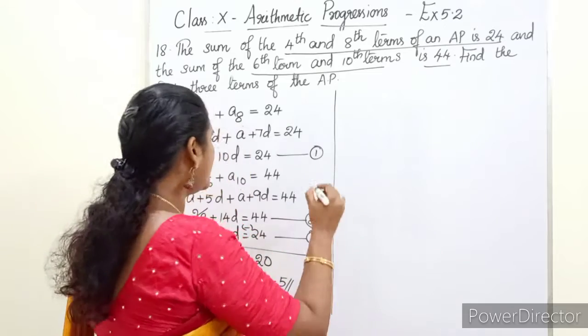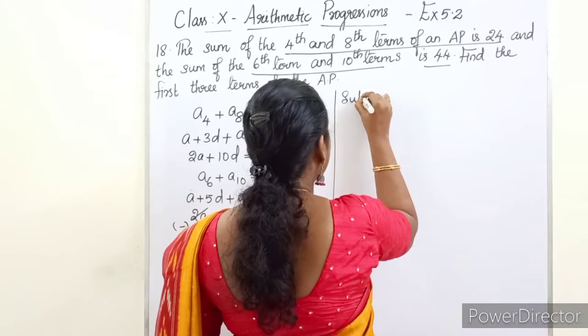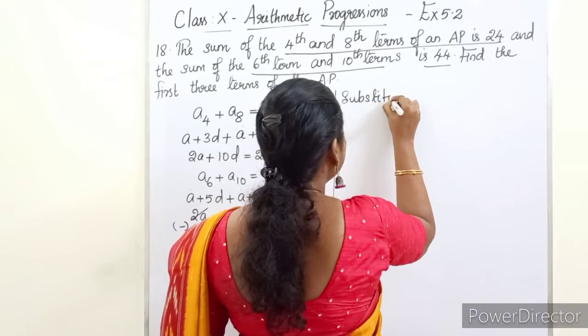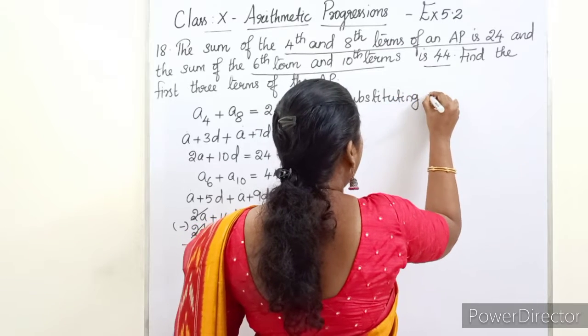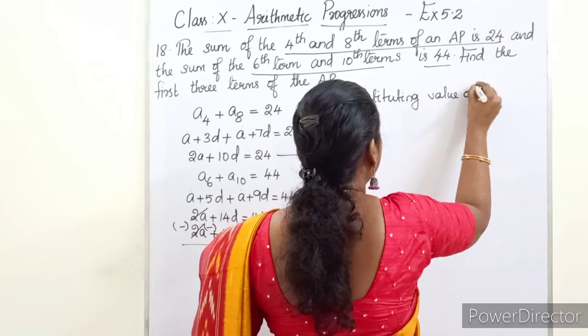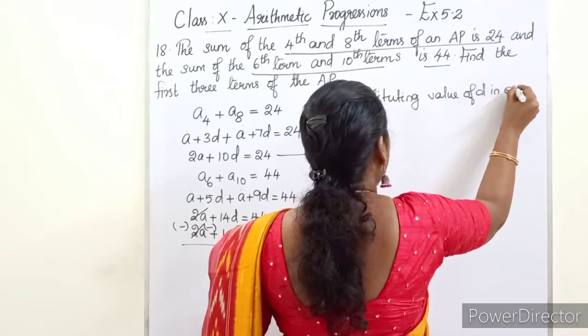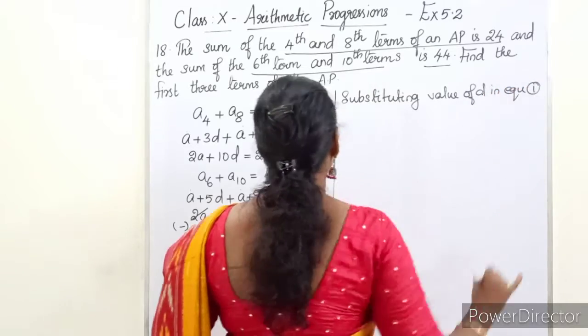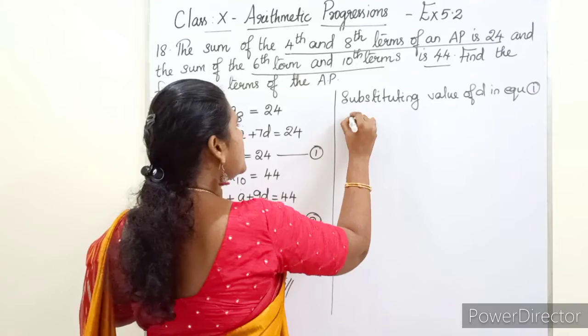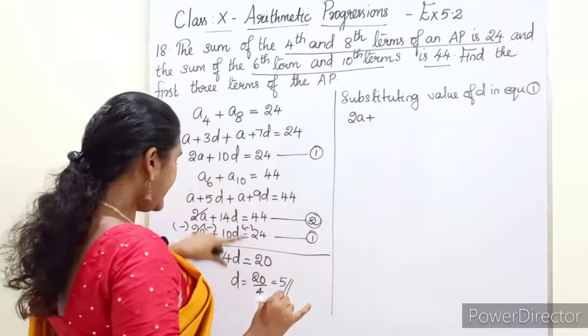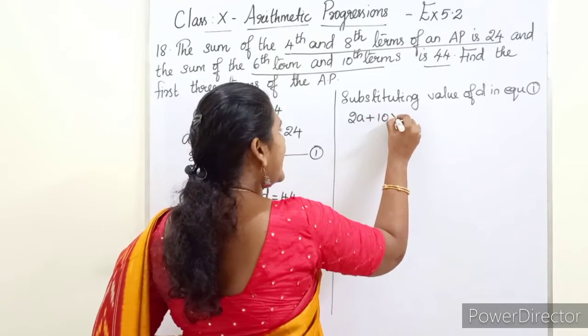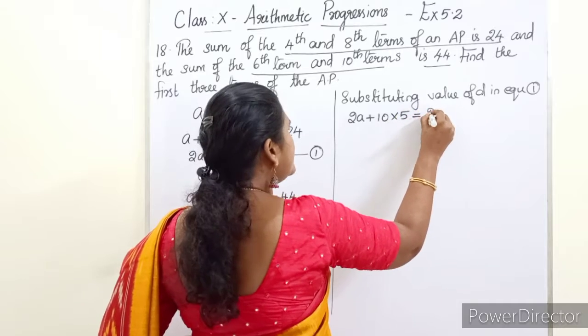Now this value we will substitute in the first equation. Okay, so substituting value of D in equation 1. In first equation we will substitute, that is 2a plus 10d, that is 10 into d value is 5 is equal to 24.